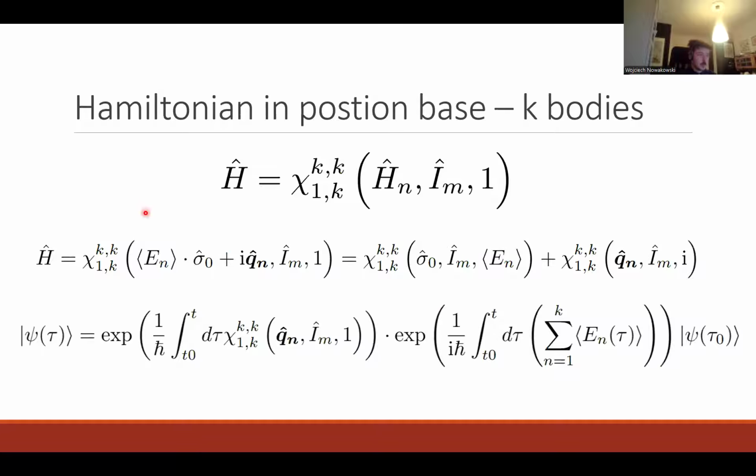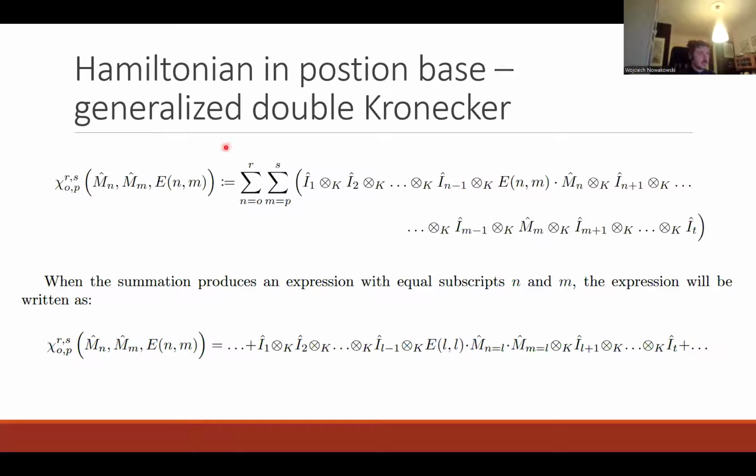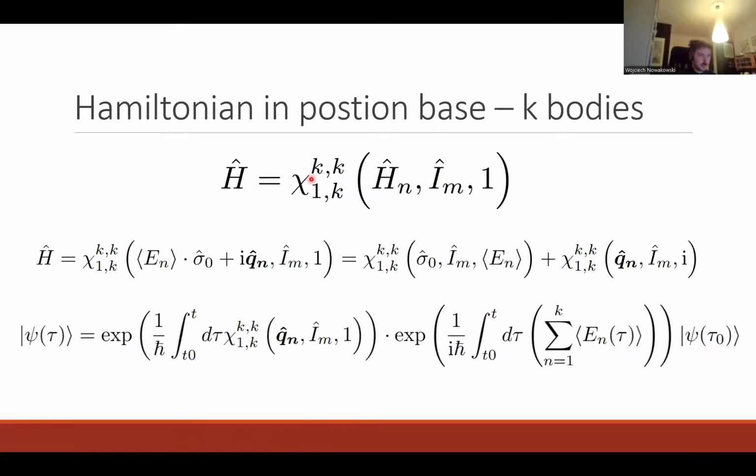And having defined this Kronecker sum in this way, we can try to write the Hamiltonian in more complex systems. Right now, in the beginning, we'll try to describe the Hamiltonian of just a tight binding model, so weakly interacting bodies.